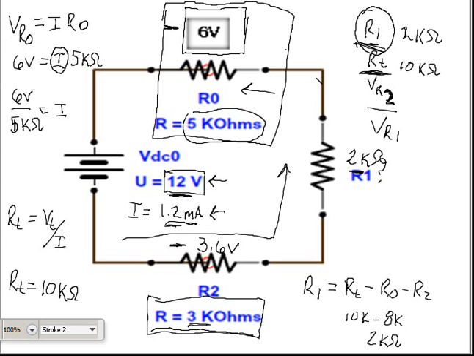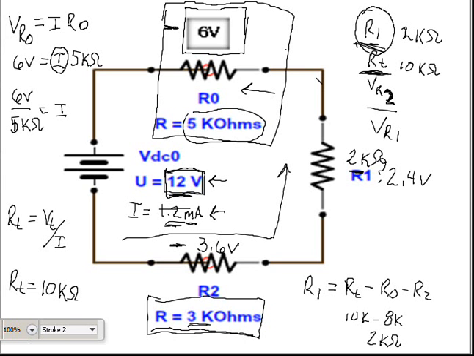But 2k ohms, what am I thinking? That 1.2 milliamps, there we go, 1.2 milliamps times 2k is going to equal 2.4 volts. And if you add them up, 6 volts plus 2.4 plus 3.6 is going to equal 12 volts. So there's your check.